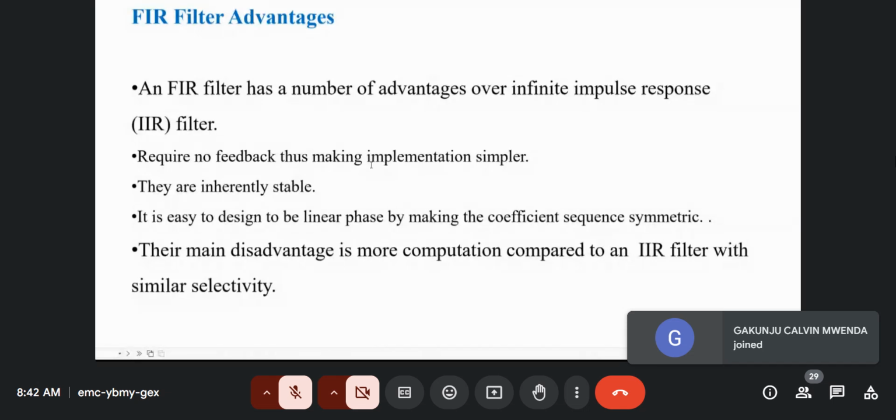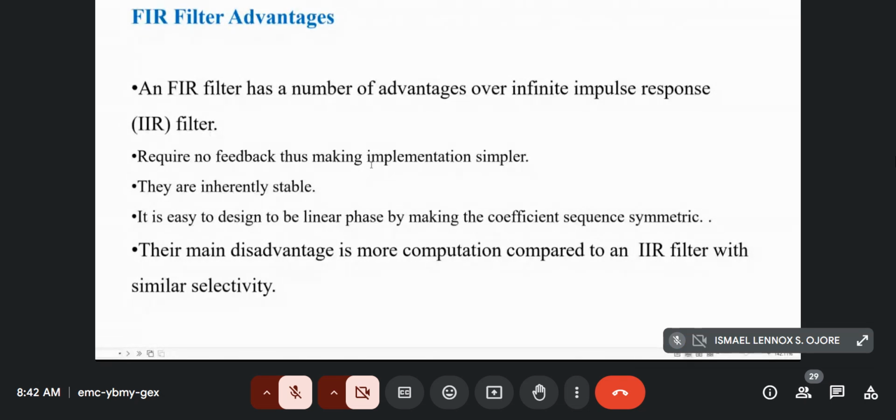They are inherently stable. The moment you have feedback, issues of stability occur. It is easy to design to be linear phase by making the coefficient sequence symmetric.